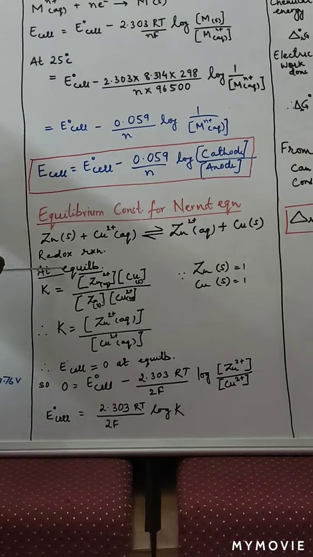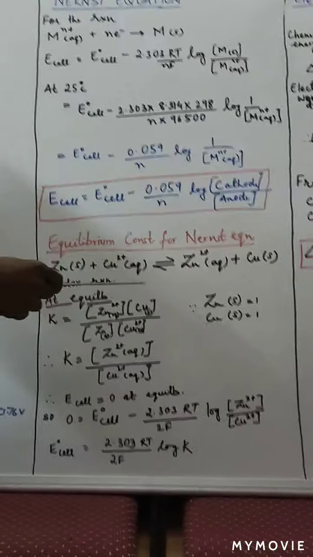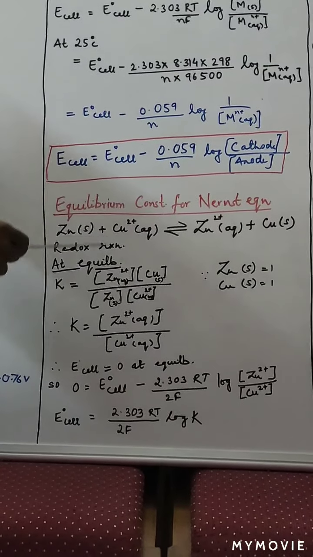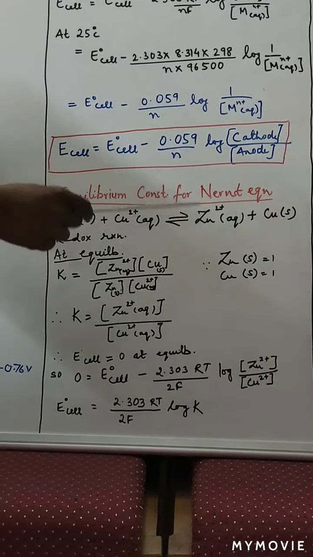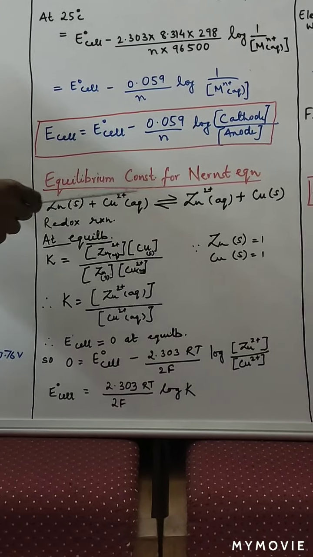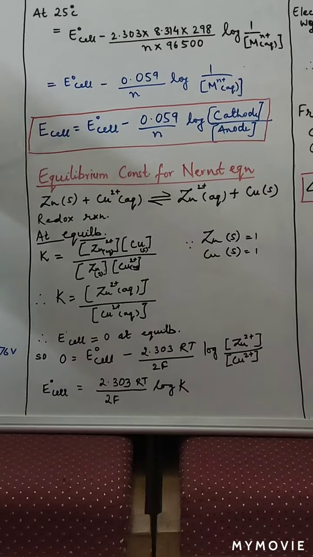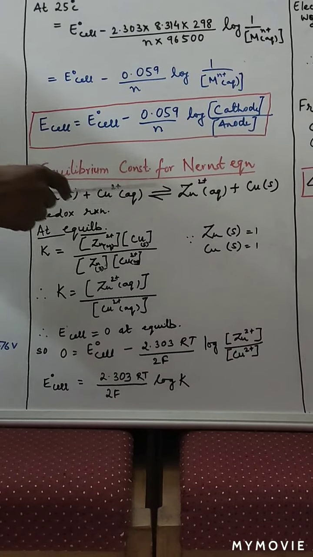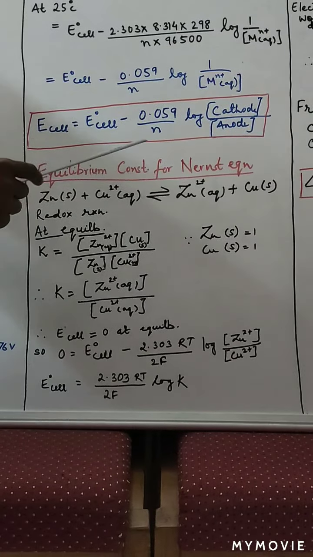So zinc ions plus copper. Now at equilibrium, as the reaction progresses, there will be a decrease in the concentration of copper ions. As a result, the reduction potential of the copper cathode decreases and the reduction potential of the anode, that means zinc, increases. At equilibrium, both reduction potentials will be equal, right?